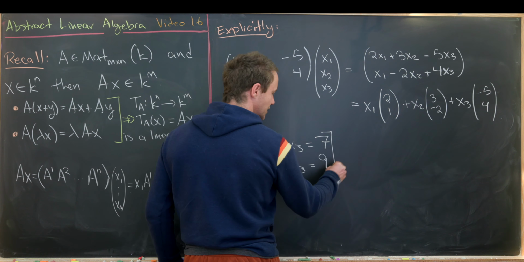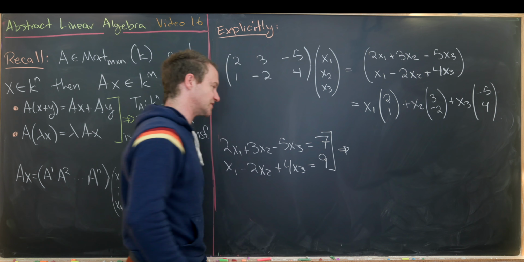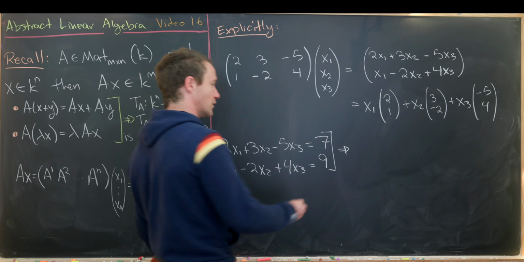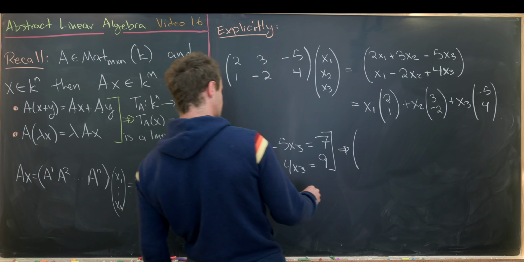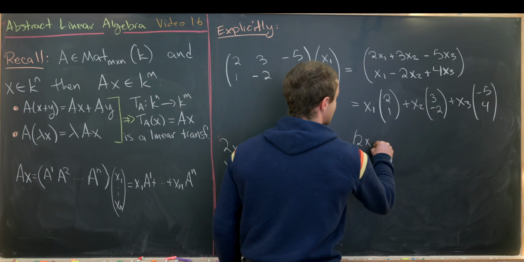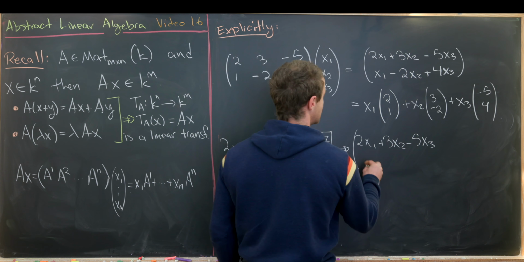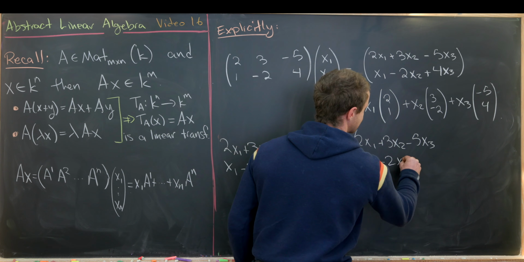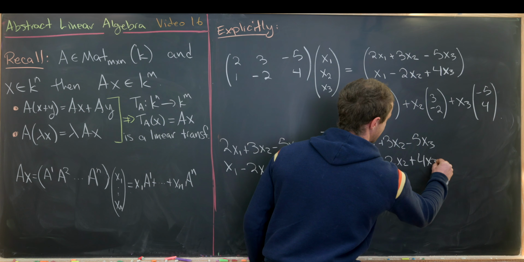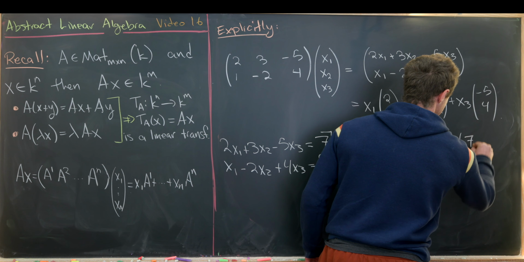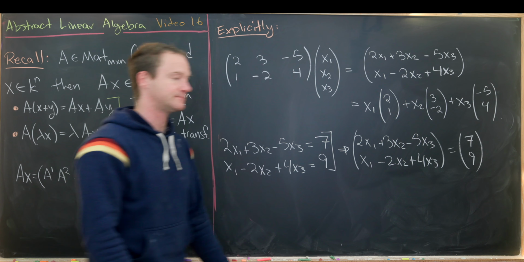We can turn this system into a single vector equation: (2x1 plus 3x2 minus 5x3, x1 minus 2x2 plus 4x3) equals the vector (7, 9).